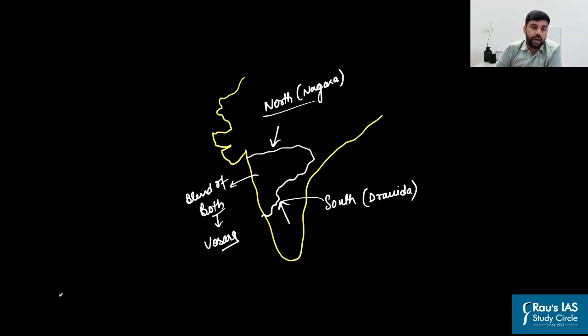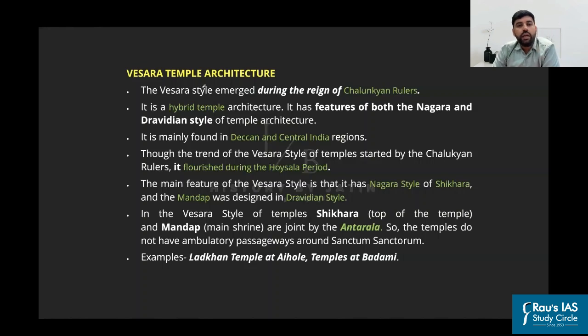Going back to the point. Vesara style emerged during the Chalukyan rulers, right? It is a hybrid or the blend of both, where Nagara and Dravida both can be seen. It is mainly found in the Deccan and central India.